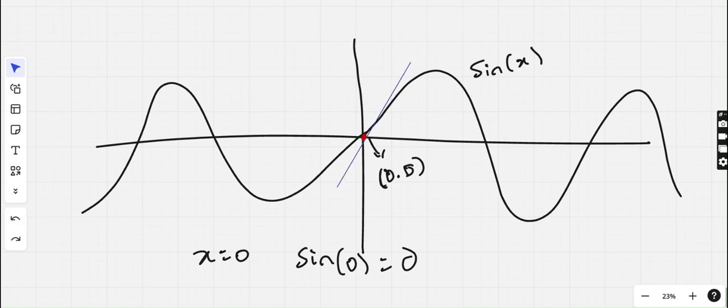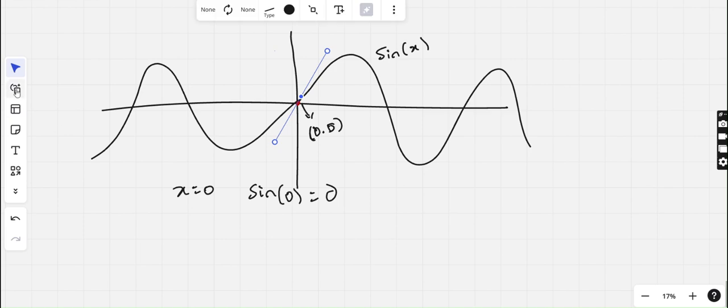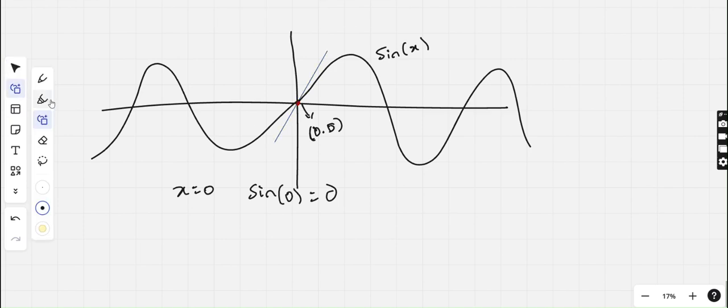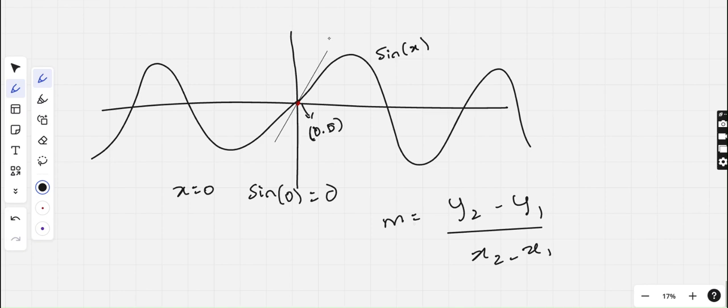But let's understand in a more theoretical way how this is helpful and how it makes sense. Let's say I have a known point. Let me use the slope formula. Slope equals y2 minus y1 divided by x2 minus x1. I don't know the other point. Let's say I have some other point x2, y2, and let's take the known one as x1, y1.